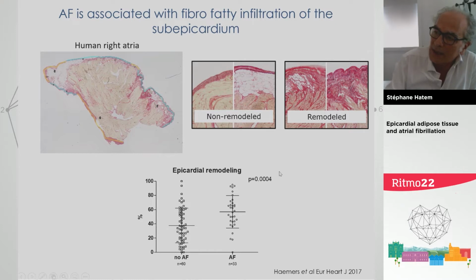And when you look at this histology in a cohort of patients, you find that this type of fibrofatty infiltration is more frequently observed in patients with permanent AF.